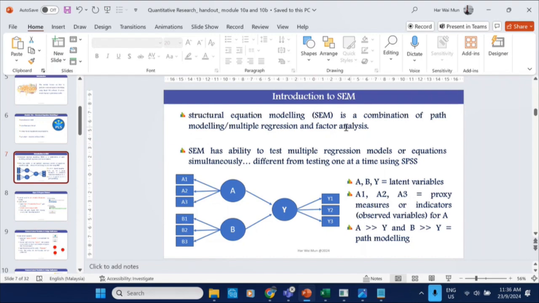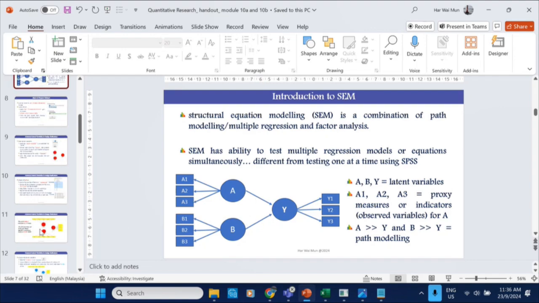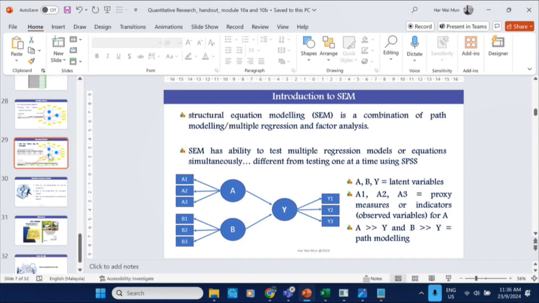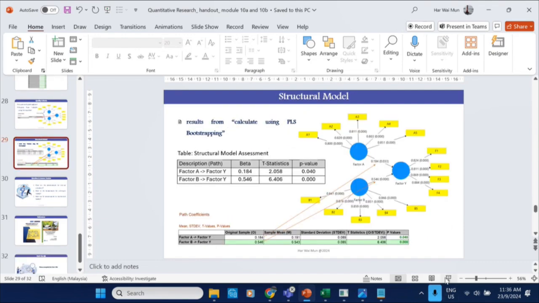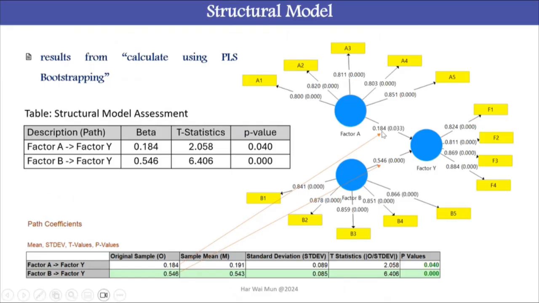So x1 to Y is beta 1 and x2 to Y is beta 2. Here A to Y is beta A and B to Y is beta B. This relationship's number is captured here. It's too small, you can't see: 0.184 and 0.546, and the significant p-values are inside the bracket, or in the table form here.